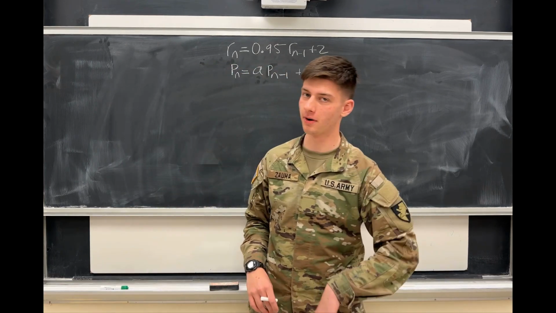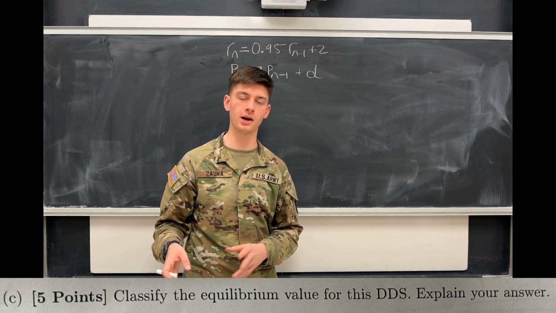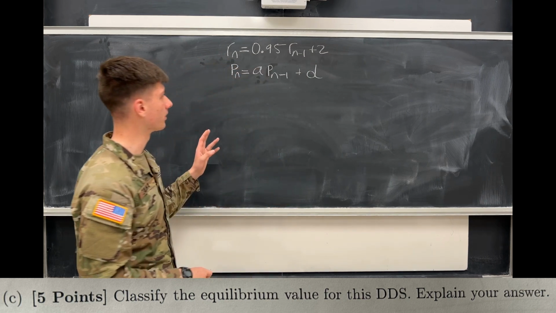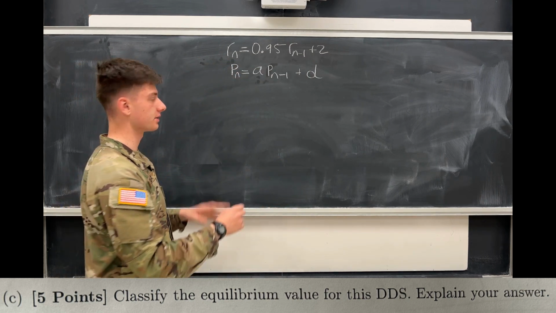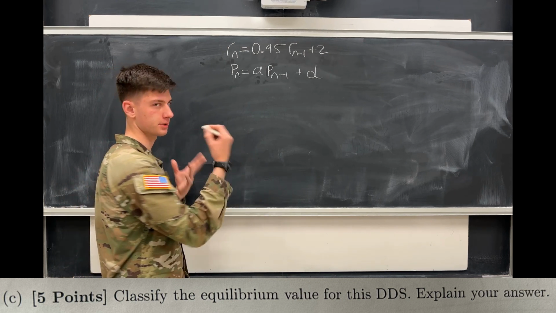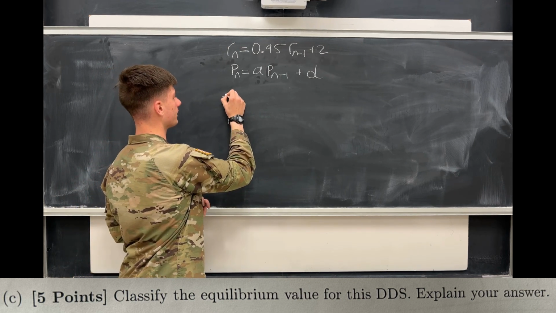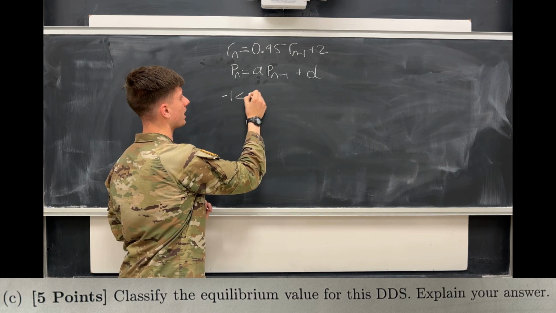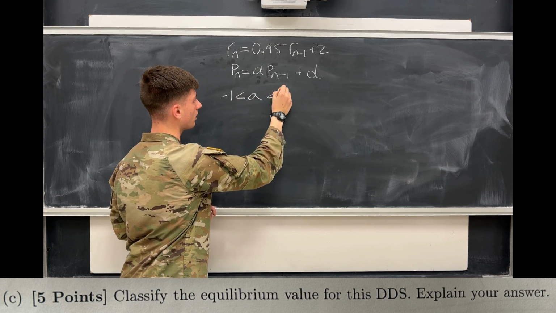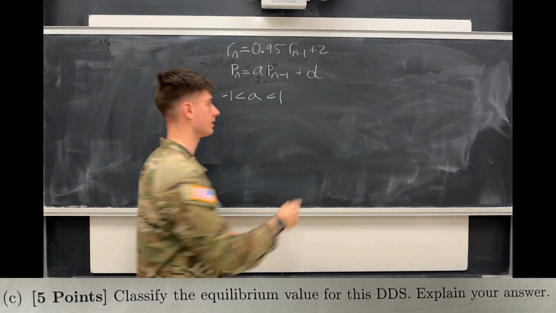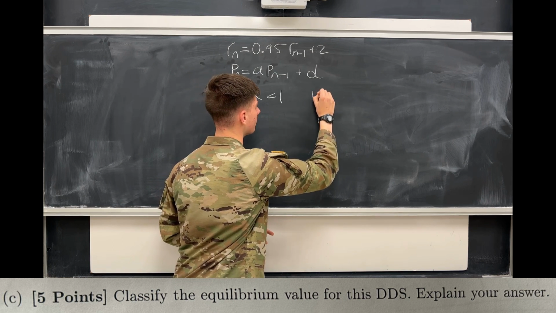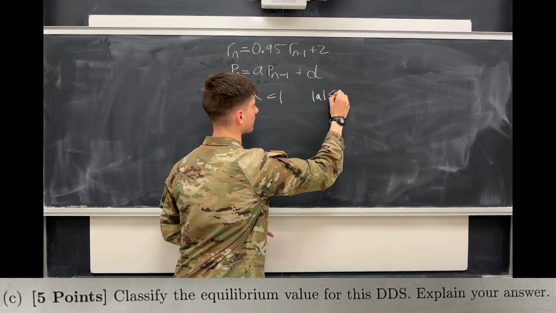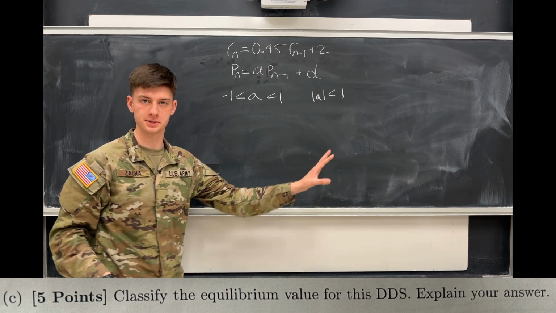On to part C. All right, so getting into part C here, we're asked to classify our equilibrium point. So when we're looking at that, something just to know for your notes, maybe just general knowledge: the equilibrium point classification is when A falls between -1 and 1. Another way to write that is if the absolute value of A is less than 1. Those are basically saying the same thing.